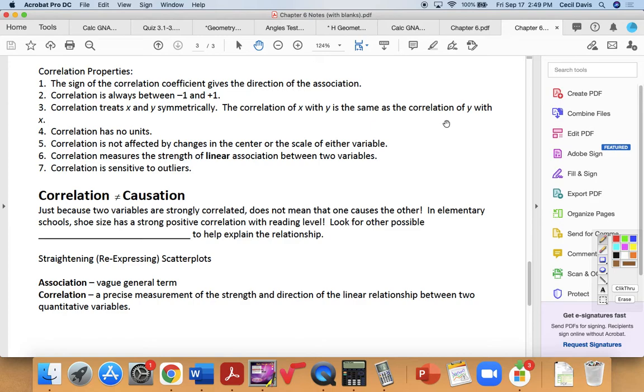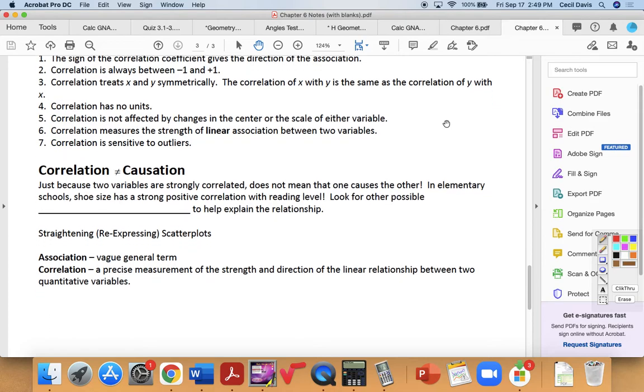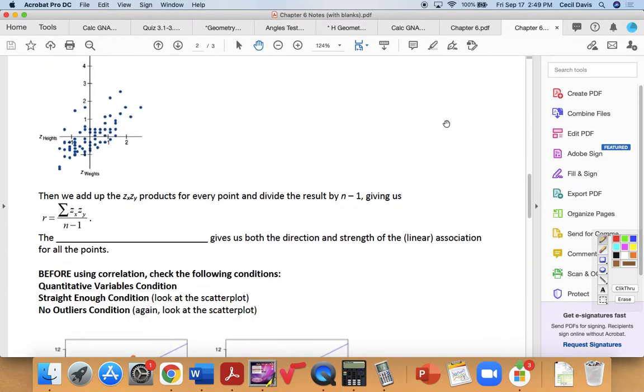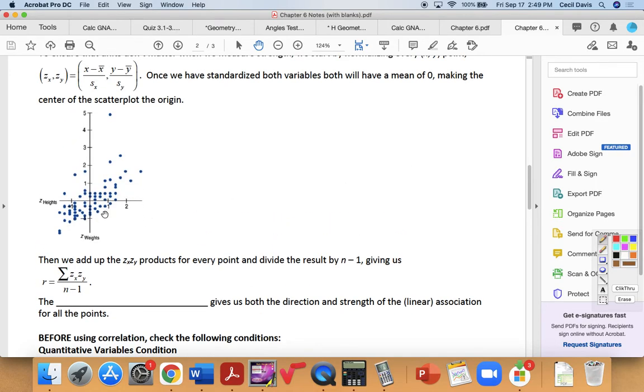So if we change the scale or if we move it, correlation is not going to change at all. Which is what I was talking about earlier. Your data originally would look a lot like this data did.